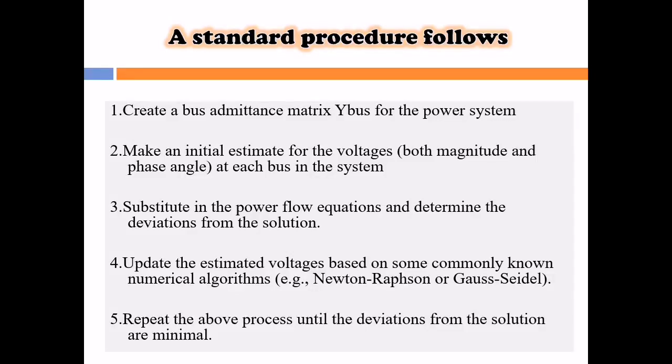Then second, make an initial estimate of the voltages, both magnitude and angle, at each bus of the system. Normally an expert or a person who has more exposure to the problems can do this effectively. You should have some initial guess, and you should be able to guess the initial values properly.